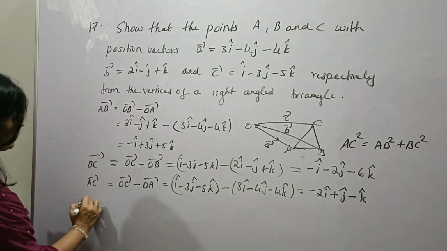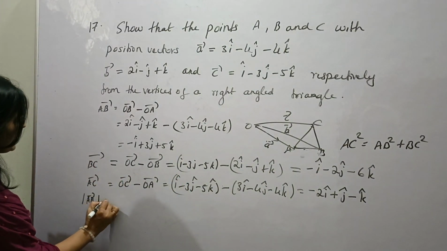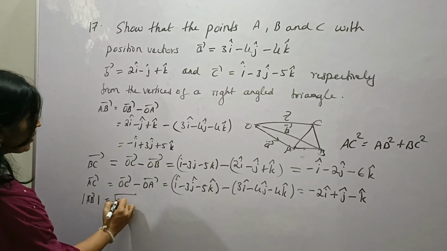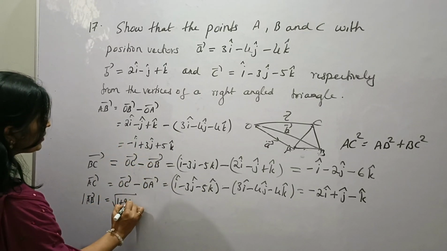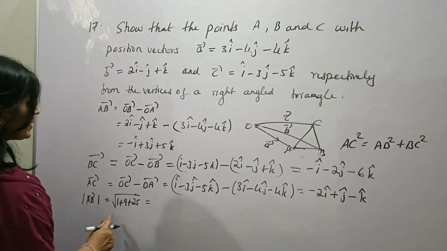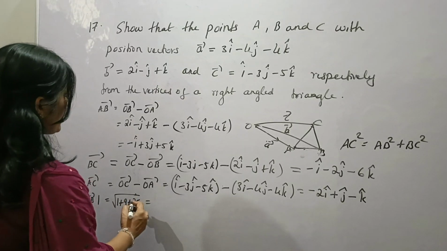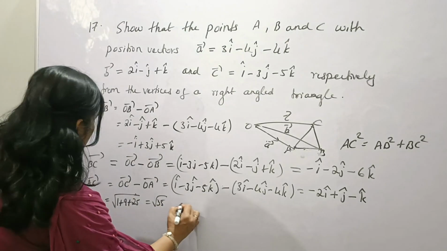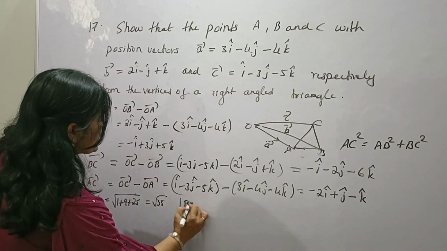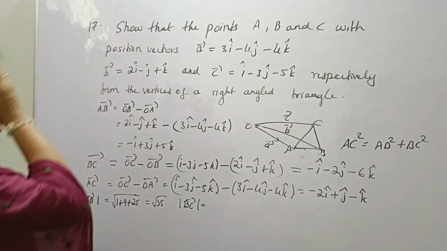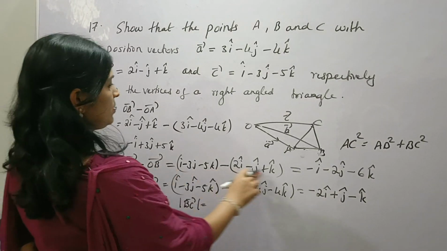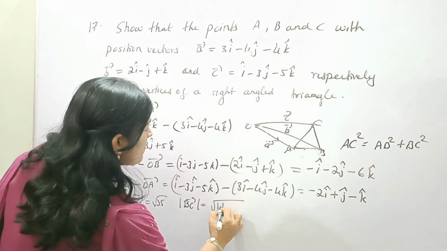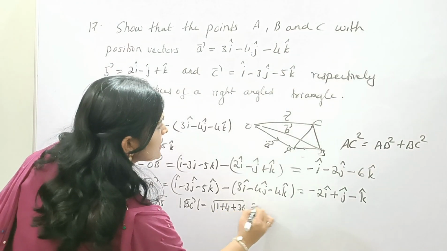So what is the modulus of vector AB? That is equal to the square root of (−1)² + 1 + 9 + 25, that is 1 + 9 is 10, plus 25, root 35, right? Next, modulus of vector BC, that is equal to the square root of (−1)² + 4 + 36, right?